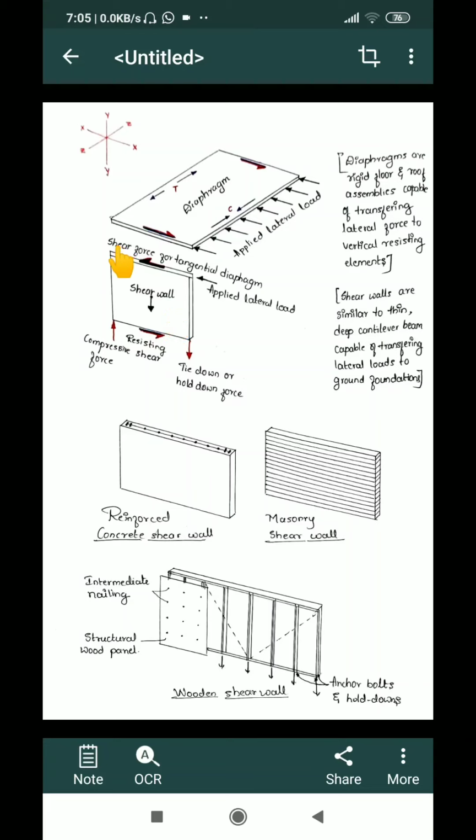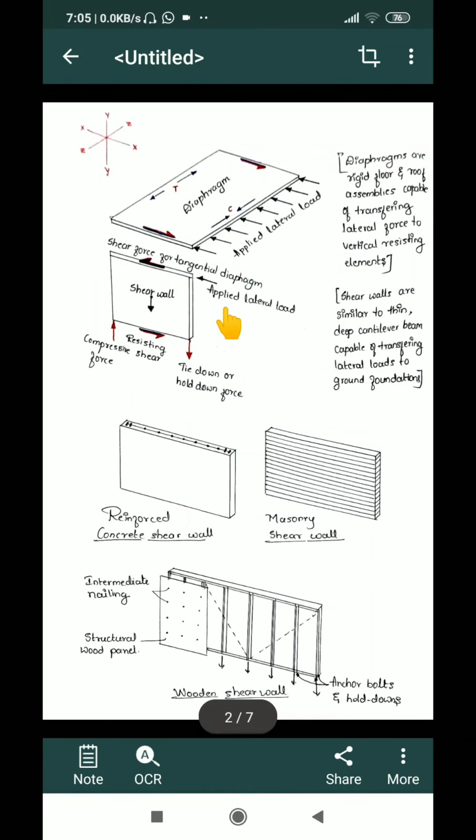So these are just like structural members which will deflect very little in this direction, but will deflect hugely along this direction. But when I apply a load in this way, the deflection will be comparatively very small.